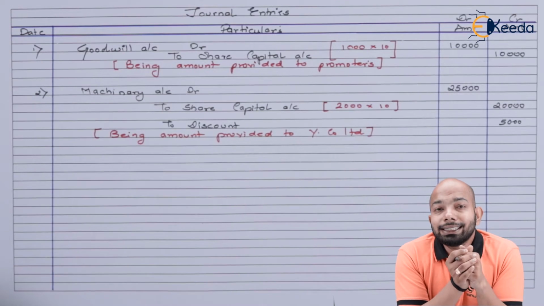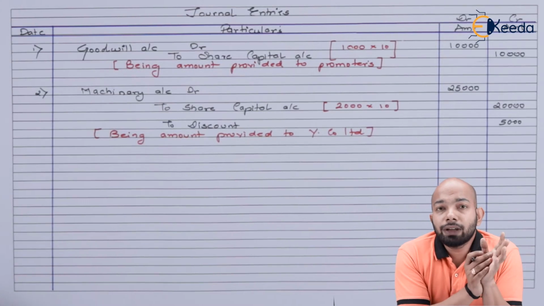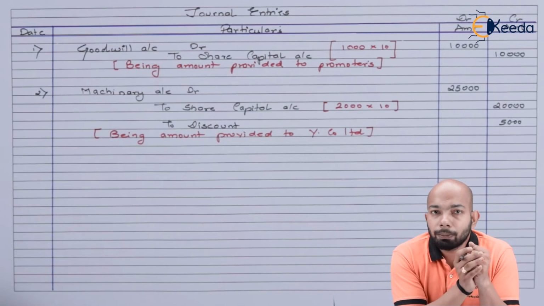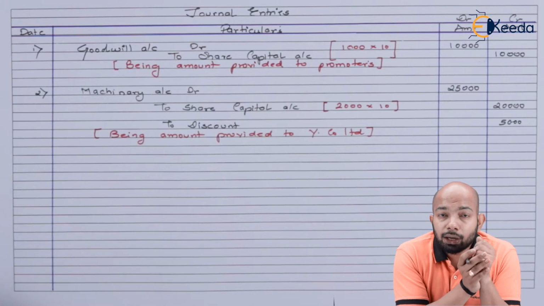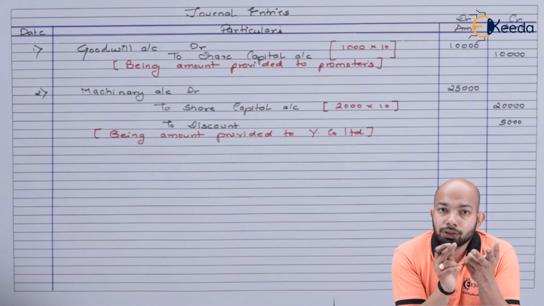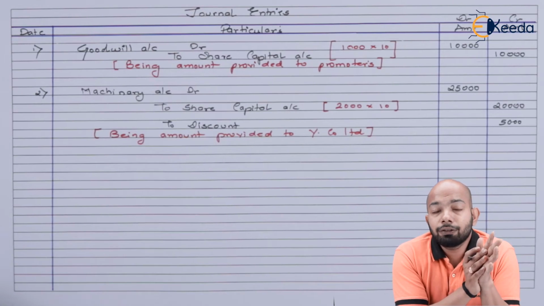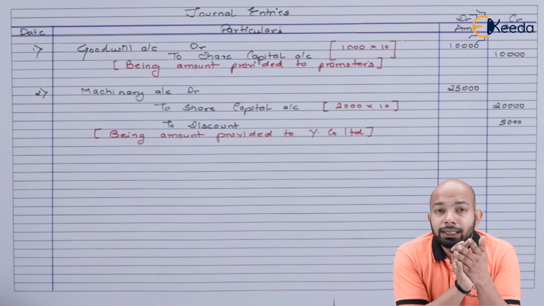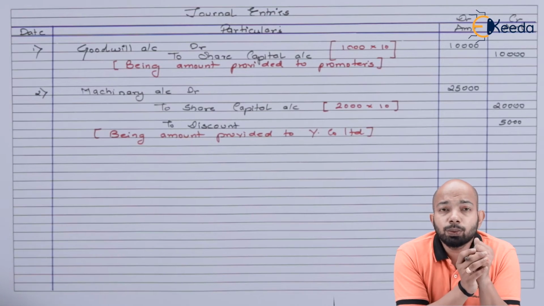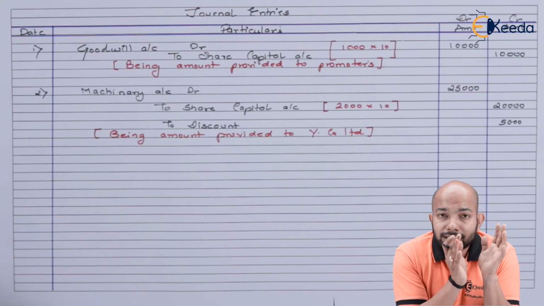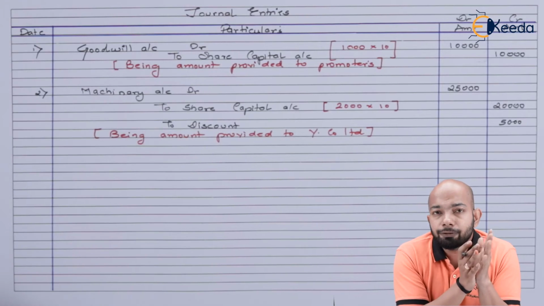Now, the next entry that we will be passing is receipt of application money which was sent out for public shares. Now, 15,000 shares that we had, out of which 1,000 went to promoters, 2,000 went to Y Limited company. So the balance that is left after 3,000 being deducted from 15,000, 12,000 shares were issued to public, which were fully subscribed for and were paid up for. So we'll pass each stage entry. That means first, receipt of application money.